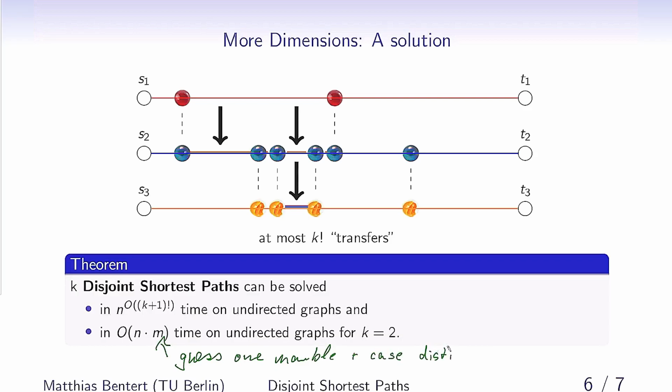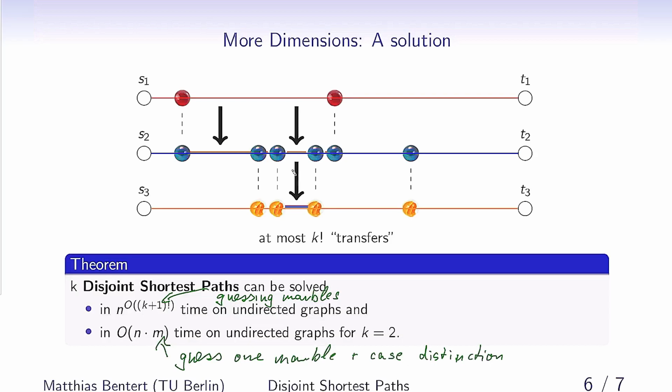And for the general k, this n to the O of (k+1) factorial is for guessing the marbles. Then we can, in polynomial time, divide them as we wanted into cases that we can solve separately, and build DAGs to solve those that have a common color.